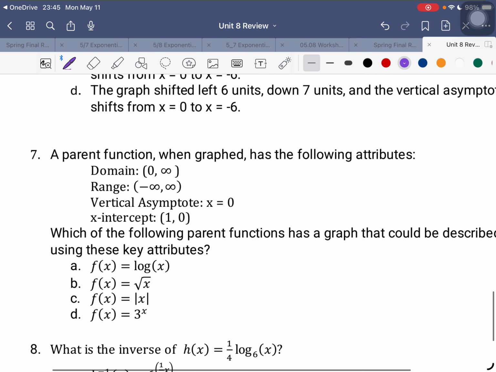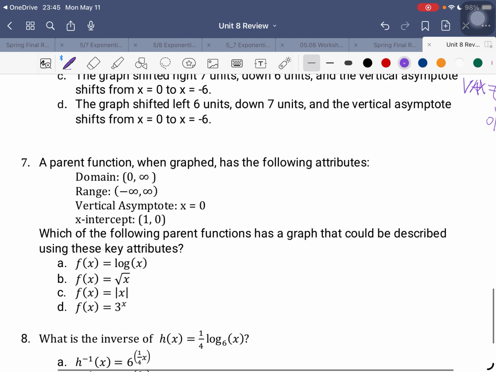Alright, question 7. For question 7, I need you guys to write down some key features.